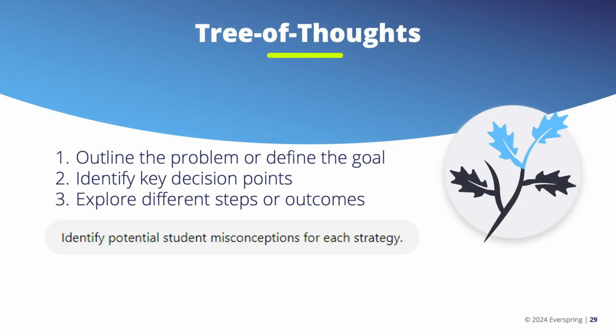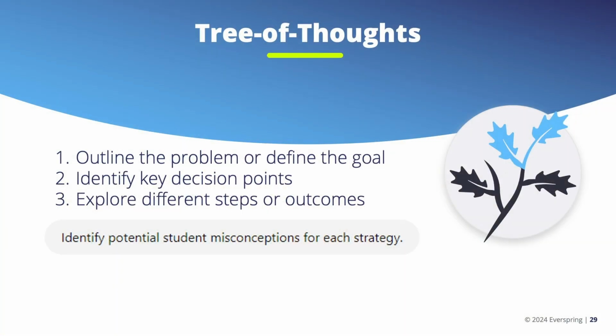For each decision point or branch, ask AI to explore multiple potential steps or outcomes at each stage. This exploration helps AI to evaluate implications and consequences of each choice, giving you a comprehensive view of the possible solutions. In our example, we would ask to identify potential student misconceptions for each strategy.